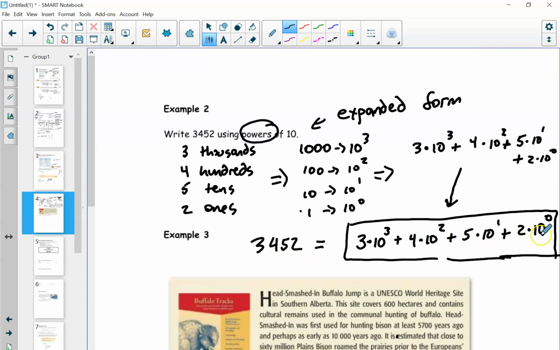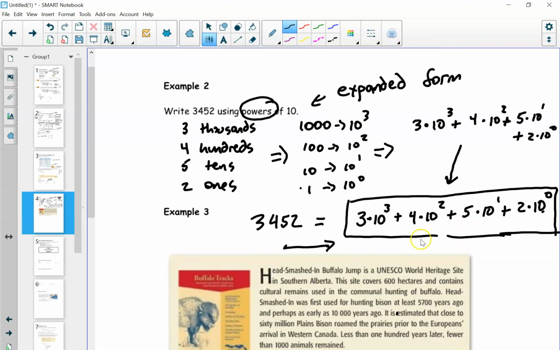And 2 times 10 to the power of 0, well, 10 to the power of 0 is 1, so 2 times 1 is 2. So basically we took this number and deconstructed it, and it looks like this in an expanded power form.